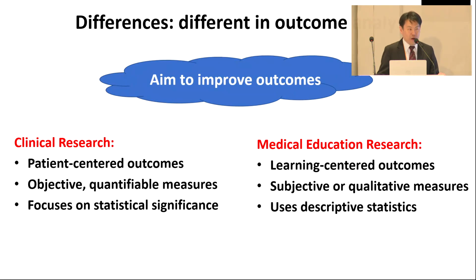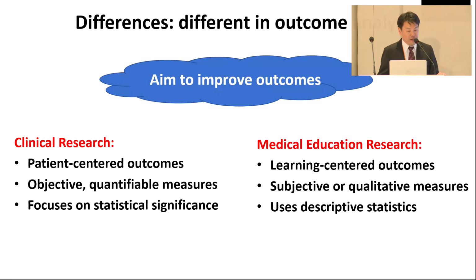And how do they differ in outcome analysis? Although both study types aim to improve the outcomes, the clinical research is really major in the patient-centered outcomes, whereas the medical education research is more a learning-based outcome evaluation.